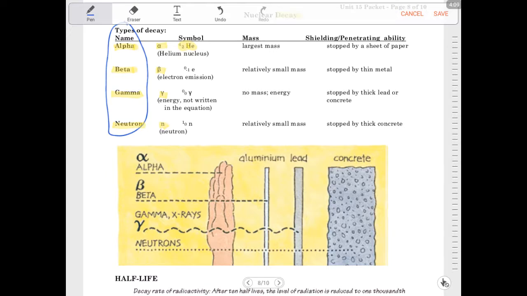We can see that alpha has the largest mass, so it can be stopped the easiest. The rest are higher in energy. Alpha is going to be your lowest amount of energy being radiated, whereas beta, gamma, and neutron get more and more energy. All right, so we're going to go into the modes of decay and writing those equations in just a minute.